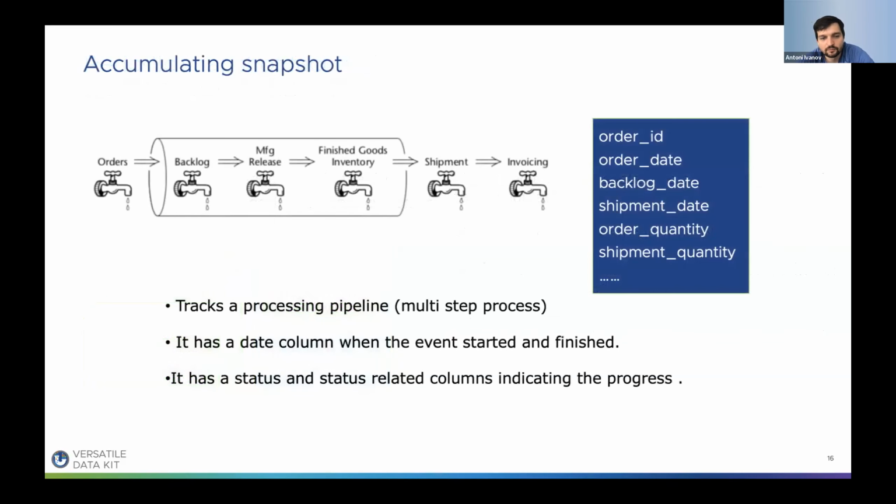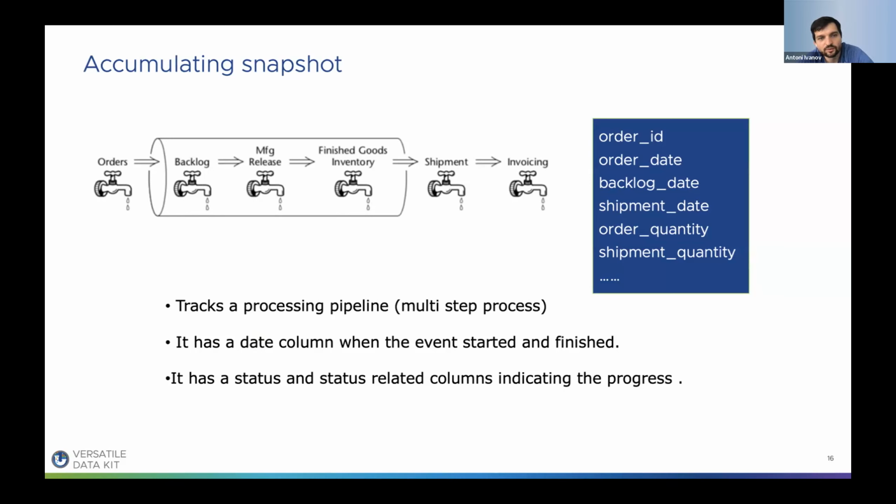The third type of table is the accumulating snapshot fact table. If you want to track a process that goes over multiple steps, for example, this is showing an order pipeline. When you have an order, first somebody places the order, then perhaps it goes into a backlog.